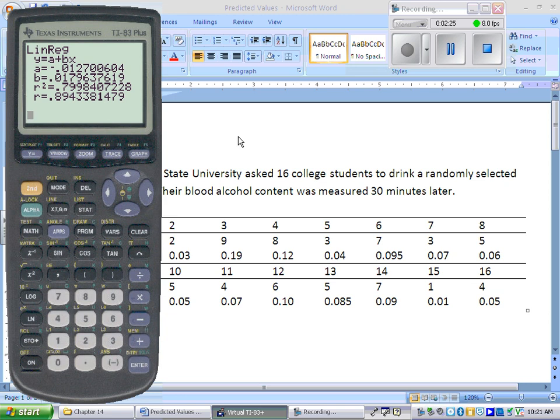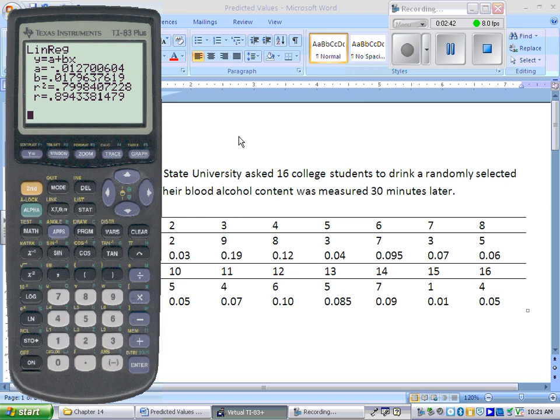R squared is about 80%, telling me that 80% of the change in blood alcohol content from one number of beers to the next number of beers, 80% of that change could have been anticipated by using this line.